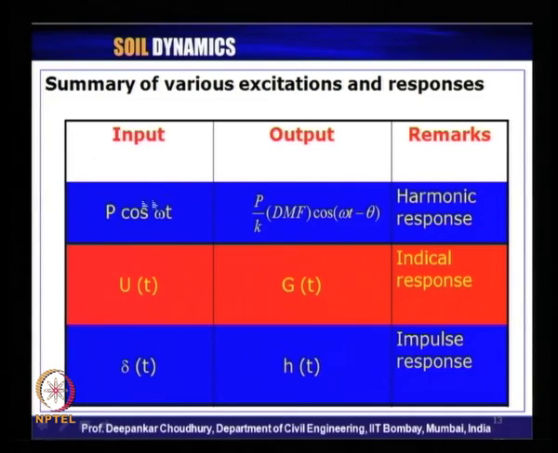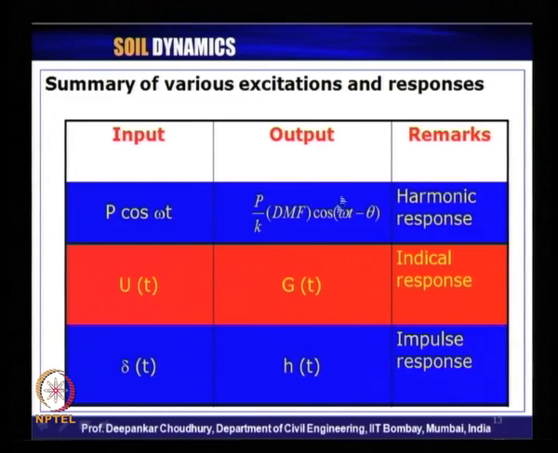When the input is harmonic loading, the output is also harmonic, and remember, this output I am talking about is only the steady state response. The complementary function is always attached to it. So, these responses mean the steady state or long term response.